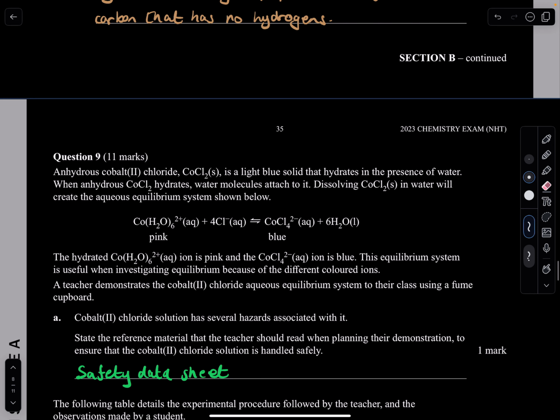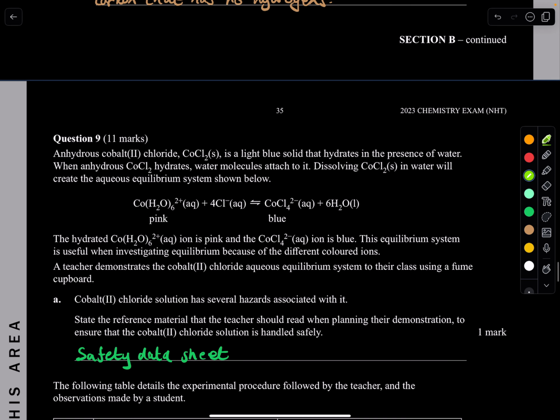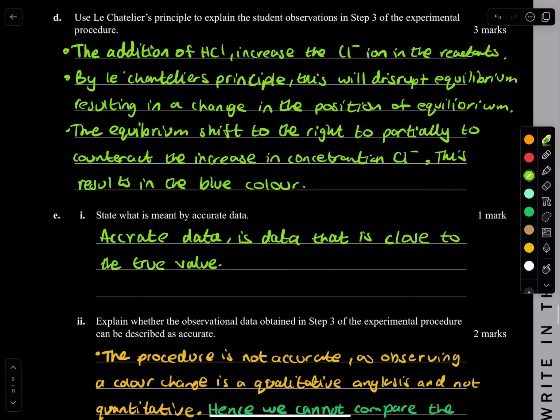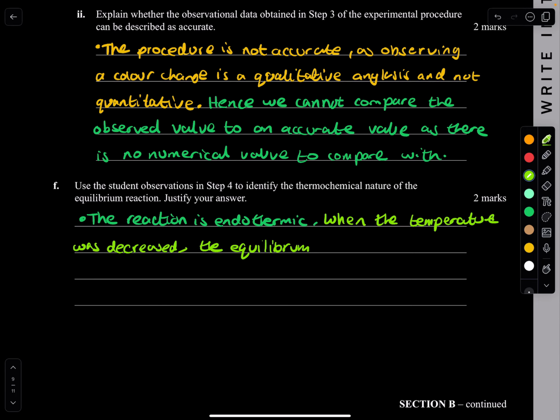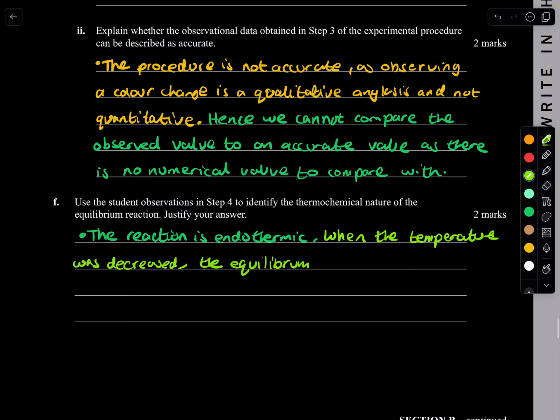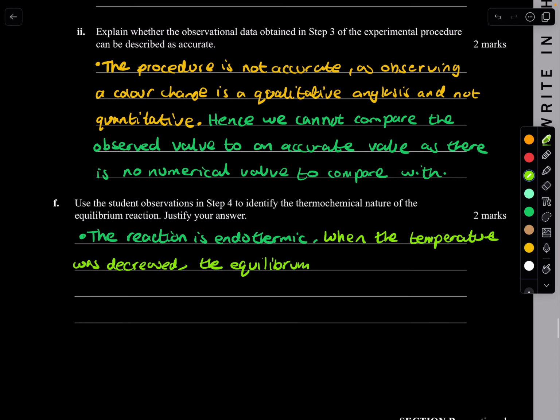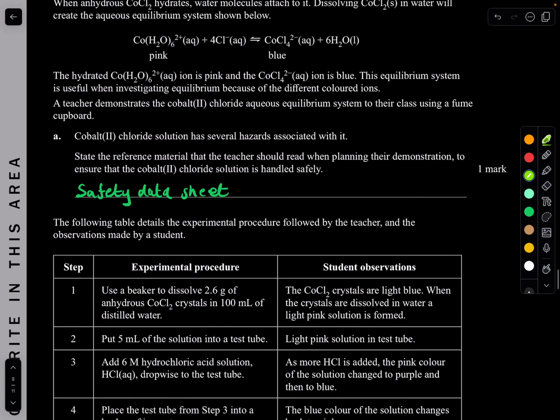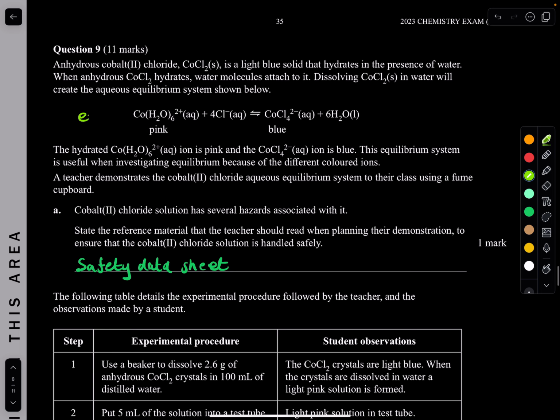So the reaction when the temperature of the system was decreased, we're saying it's actually endothermic. Endothermic means energy is on the right. So decrease, yep, it would go to the left if it was endothermic.